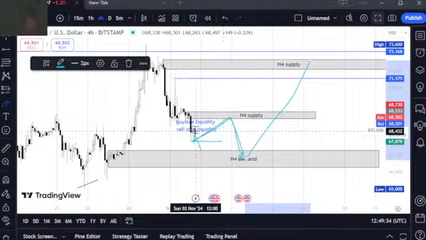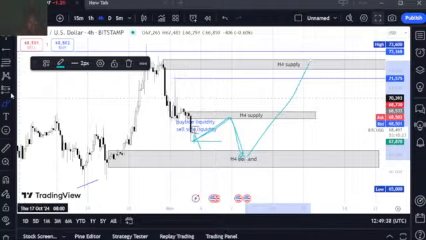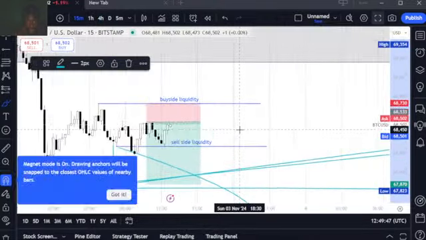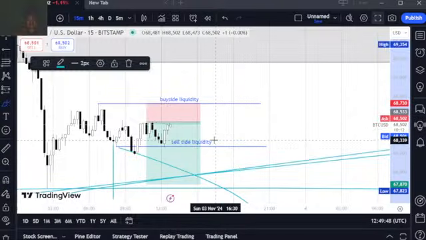Price is trying to go and tap into this, so the possibility of our stop loss being hit will be 70%.